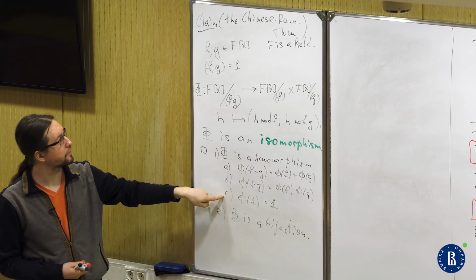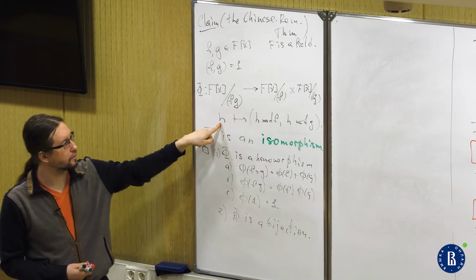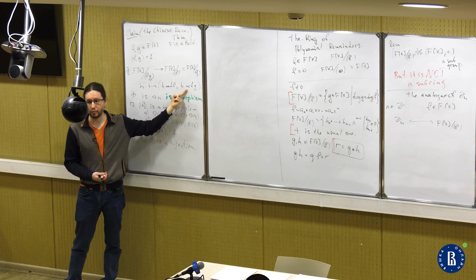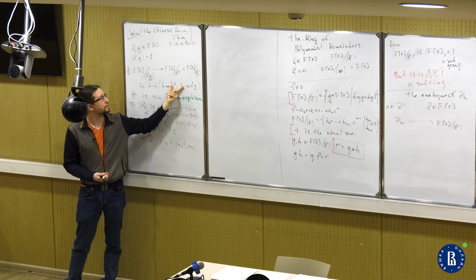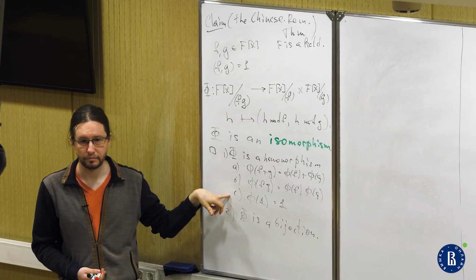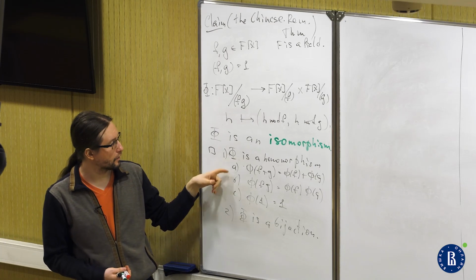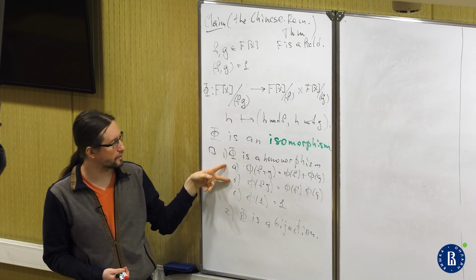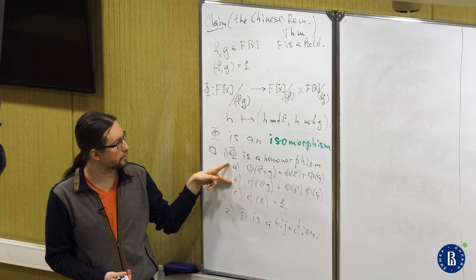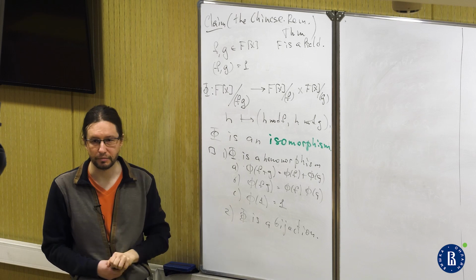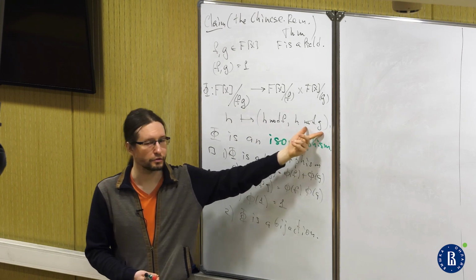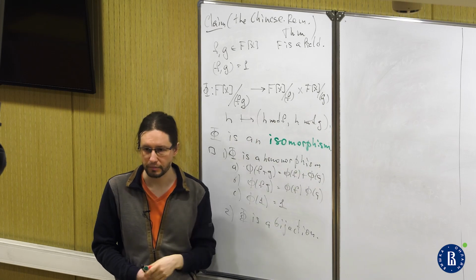Well, it's clear that if you take the polynomial 1, then 1 modulo f and 1 modulo g will be (1, 1), and this is the identity element of the product. So that is clear. Now, exactly the same argument as in the case of integers checks that this map preserves addition and multiplication, because the operations modulo f and modulo g preserve addition and multiplication.